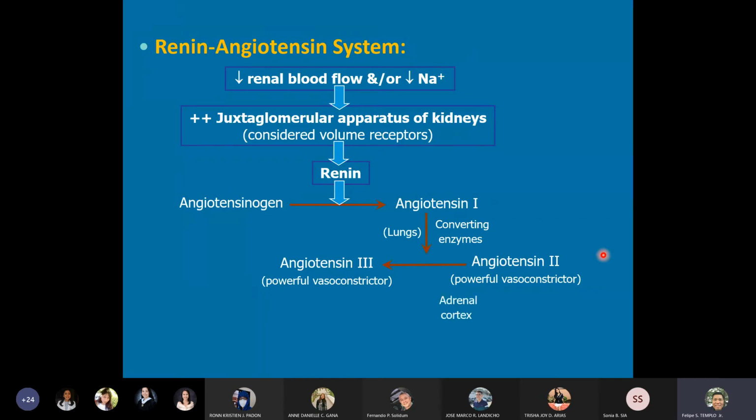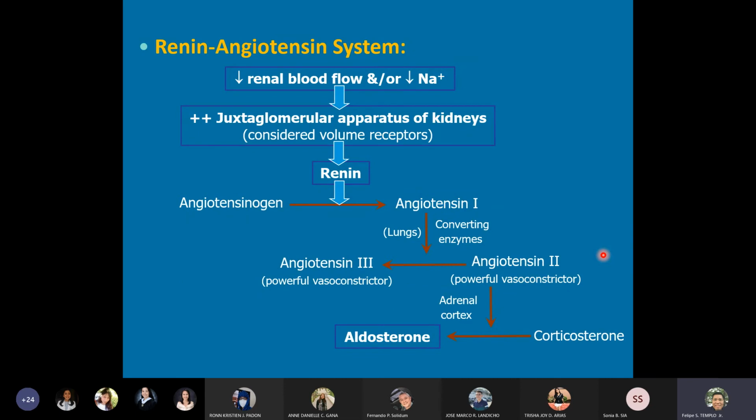The angiotensin 2 is the most important factor to stimulate the production of aldosterone via the conversion of corticosterone to aldosterone. So the question is how angiotensin 2 stimulates the production of aldosterone.